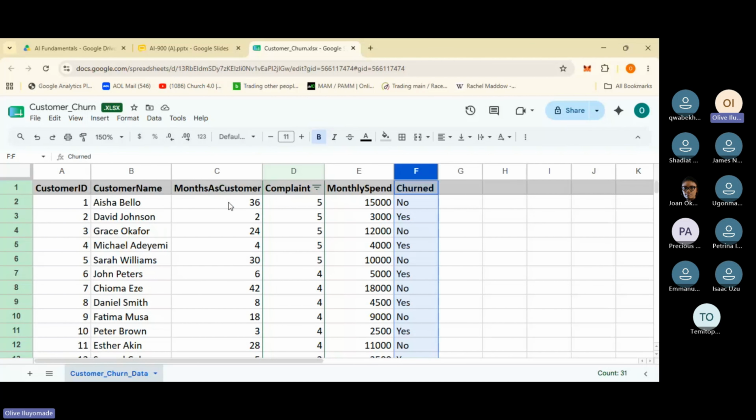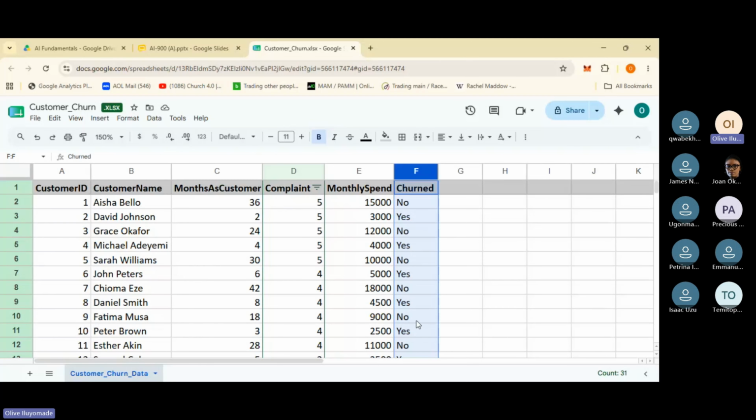How many complaints they've made is a feature. Monthly spend is a feature. The churned column is the label, which has either yes or no. So all this information is what is put into the AI model for supervised learning, features and labels.